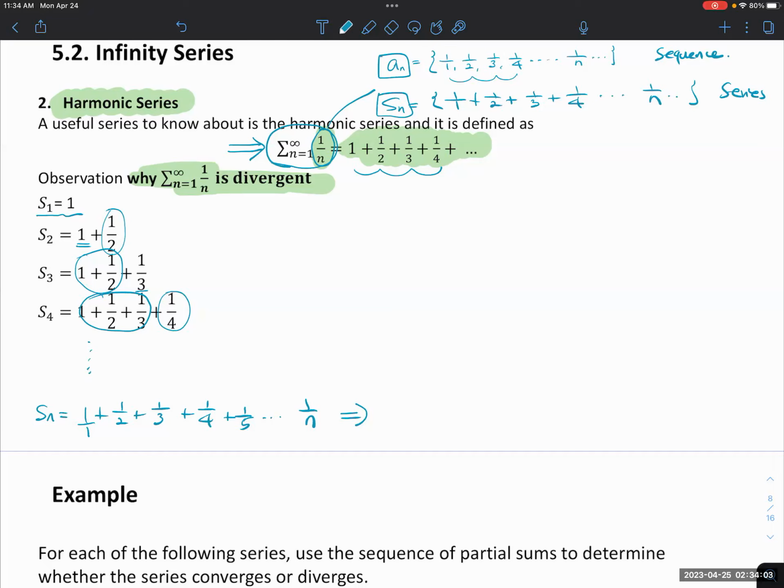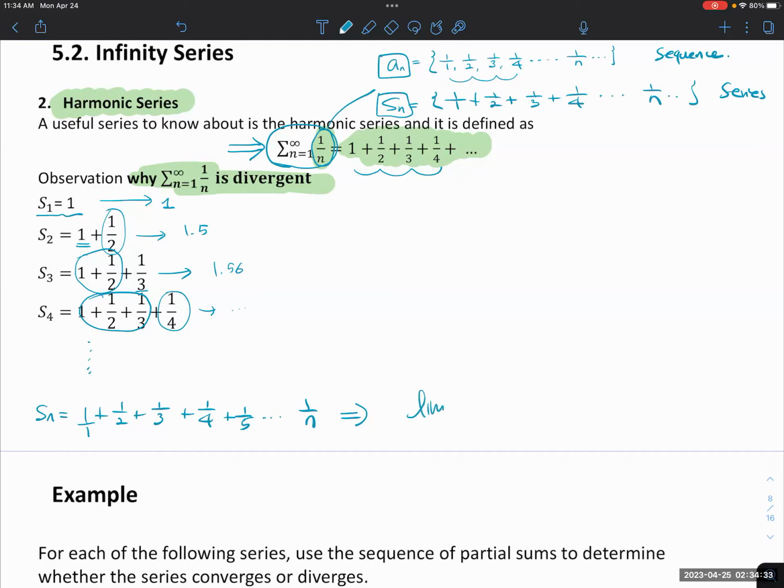So let me just think about it. This is actually 1. 1 plus 1/2 is going to be 1.5. And then 1.5 plus 1/3, if you look at the decimal, is going to be 1.8 something. So they're getting slowly larger and larger. As you already see, they're increasing.